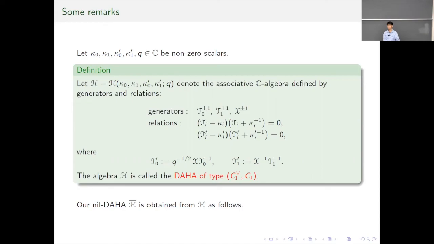The simplest case, like the hypercube, is there a version of DAHA? I think so. Among the 7, there's the degenerate case when q equals 1. I know that DAHA, but I'm still working on how to find the representation of that DAHA with q equals 1.